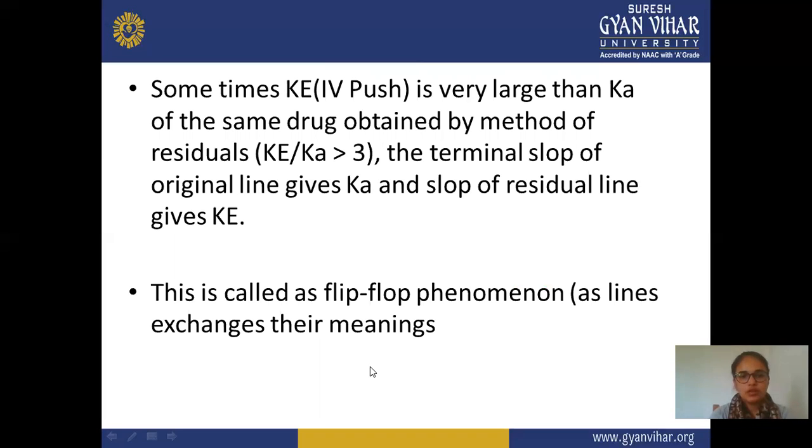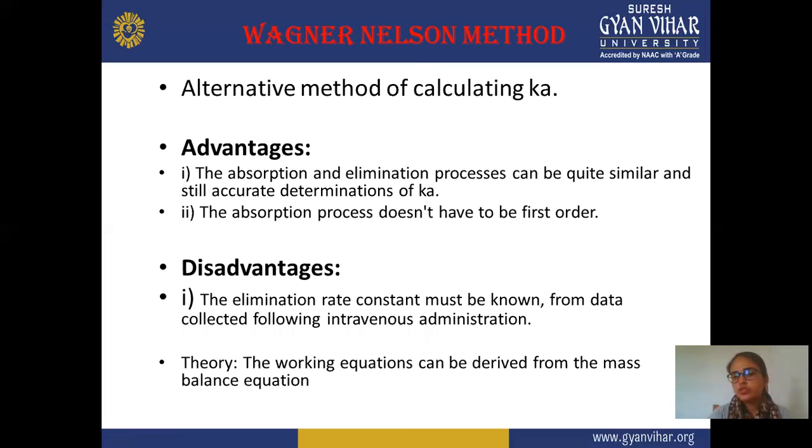This is called the flip-flop phenomenon, where the lines exchange their meanings. So this is all about extravascular administration for the one compartment open model, when we administer a drug by an extravascular route other than the parenteral route.